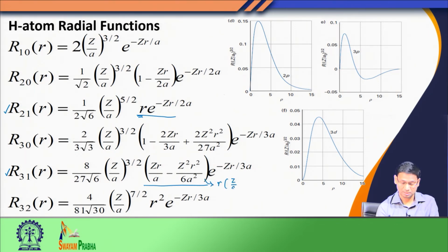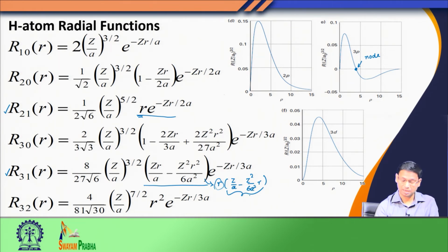So, I have simply Z by a minus Z square by 6 a square r. So, essentially when r goes to 0, the 3p function becomes 0, and how many radial nodes can I expect? Since I have a polynomial of the first order, I will have one node. So, this is the node in the 3p. How can I find the value of this node?